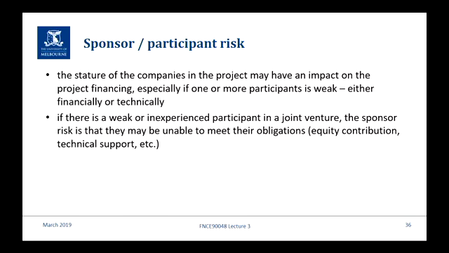So if there is a weak or inexperienced participant, then the risk is that they might not meet obligations in terms of equity contributions or technical support or so on. So up front, there's an agreement between the sponsors on the split of equity, and we'll all contribute our equity in a year's time when it's ready to go. And then you roll forward a year later and one of them says, oh, we haven't got the money.